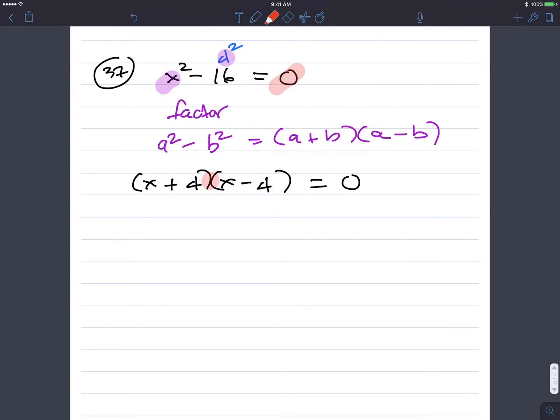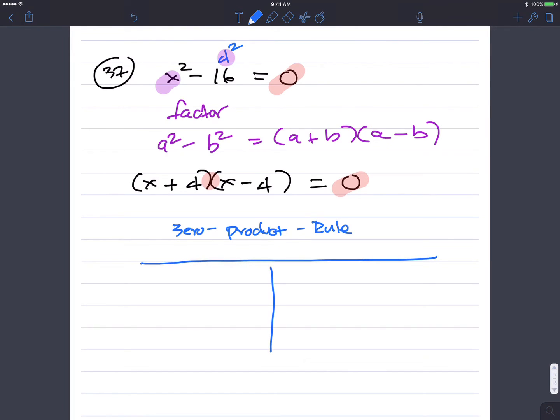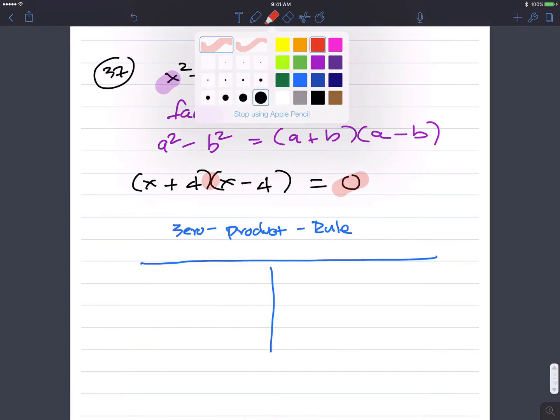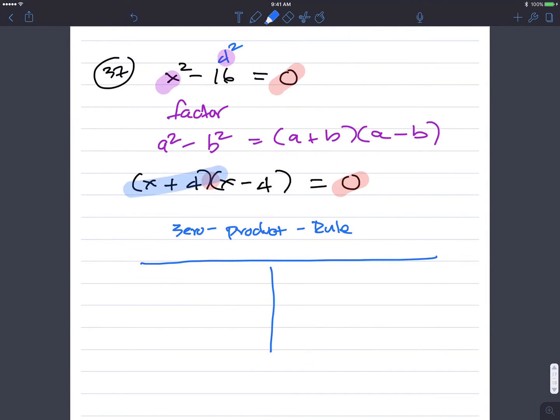So notice I have a product and I have 0. So I can use what we call the zero product rule. We talked about this the other day. I get to set both of my terms, the first term x plus 4, equal to 0.